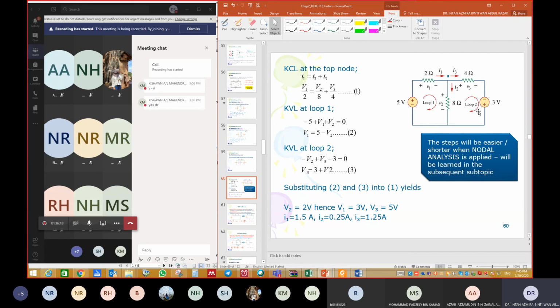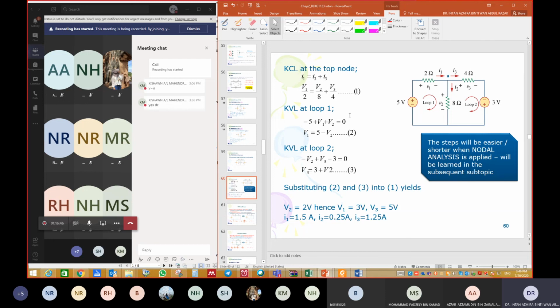In loop 2, let's start with V2. So minus V2 plus V3 minus 3 is equal to 0, and V3 is equal to 3 plus V2. Substitute this V1 and V3 into the first equation and we get the answer.